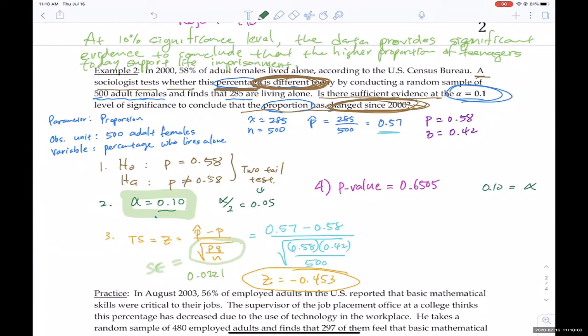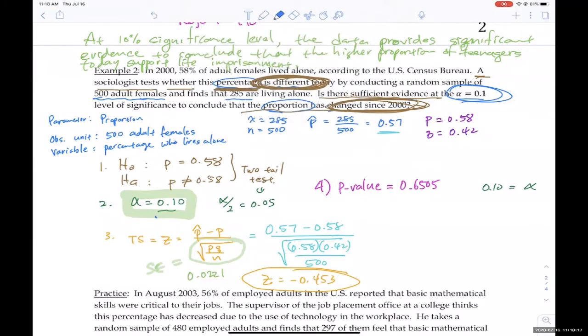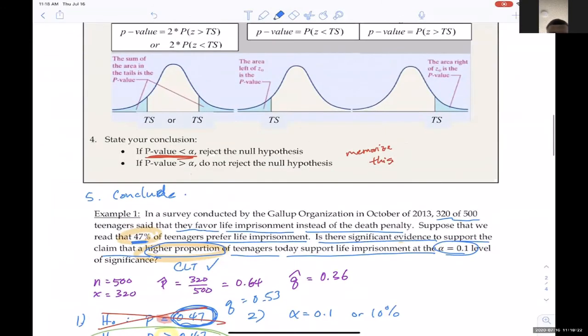Is your p-value greater than or less than your significance level? Greater than, right? If your p-value is greater than the significance level alpha, what's your conclusion?